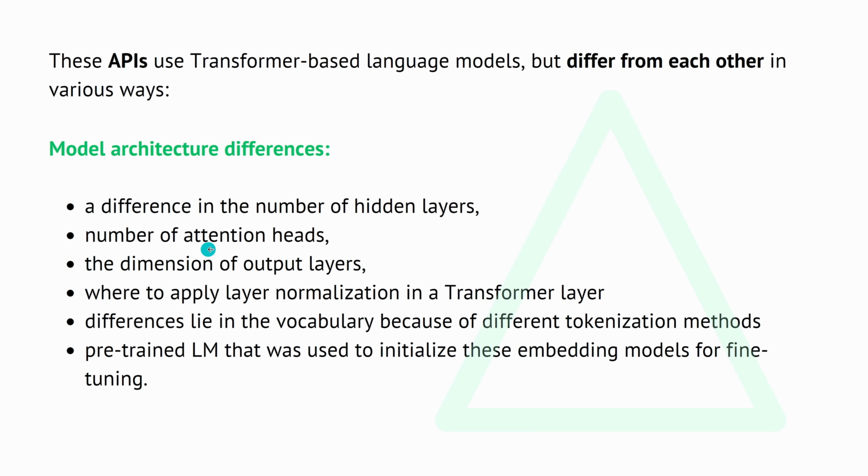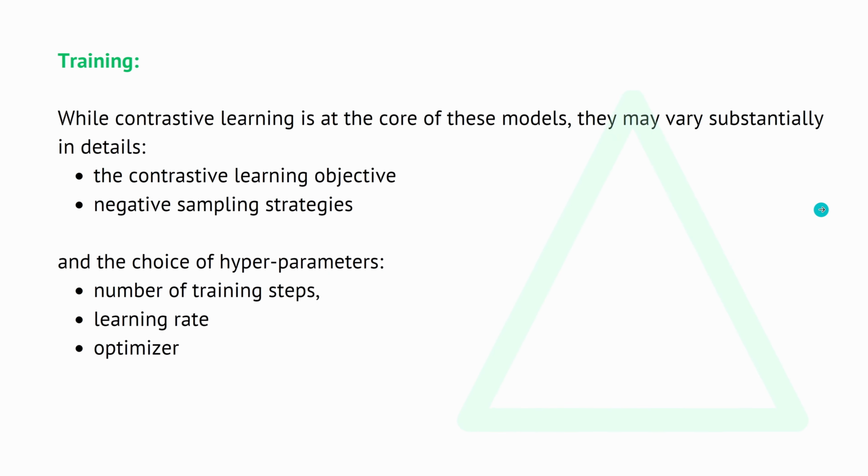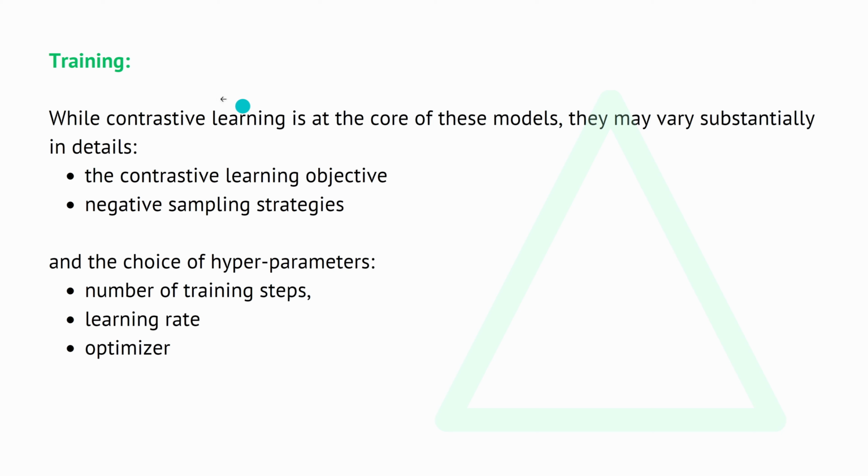The dimensionality of the output layer is different, and where they apply the layer normalization is different. You have differences, of course, in the training dataset, where you apply different tokenization methods to get to your vocabulary, and of course the pre-trained language model that was maybe used to initialize those embeddings for fine-tuning is a different model.